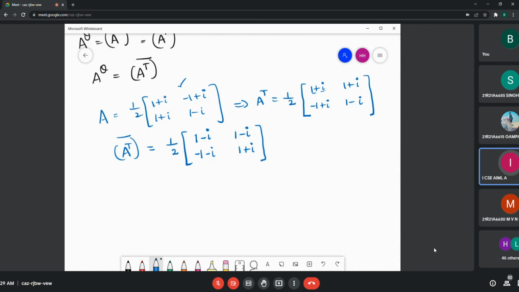So this is the conjugate, and this is nothing but A^θ.